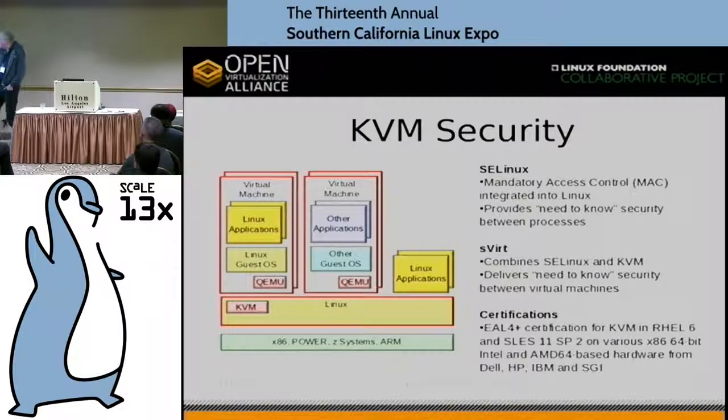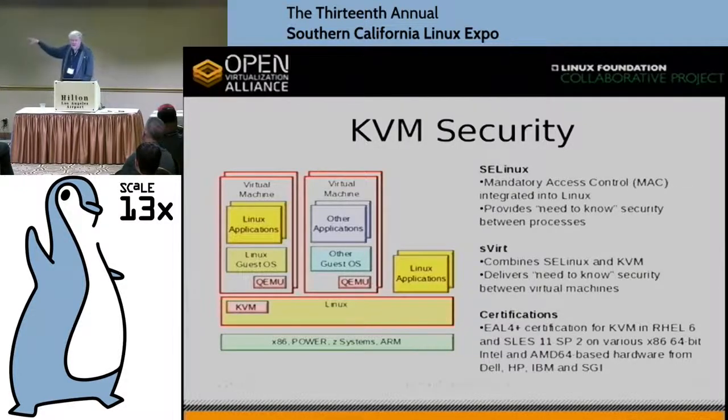So standard Unix or Linux systems use something called discretionary access control, which means that if you've got a certain role, you're then able to do anything that that role permits you to do, effectively. Mandatory access control says you're only allowed to do the things we have explicitly allowed you to do. Okay? So it takes quite a bit more setup in that space, but it does mean that if you're able to trick yourself into a different role, you don't automatically get access to this phenomenal access all areas path.